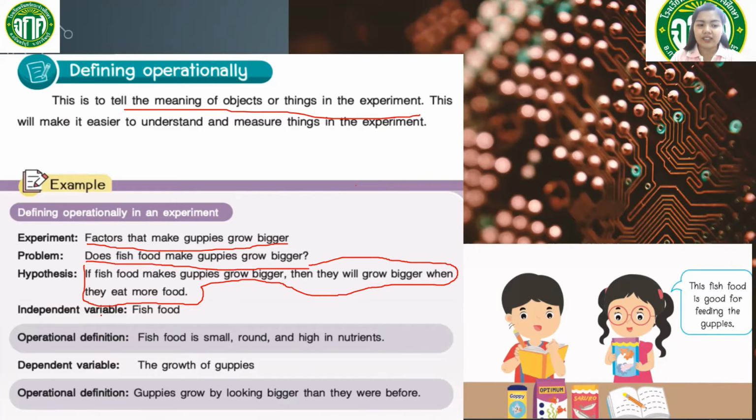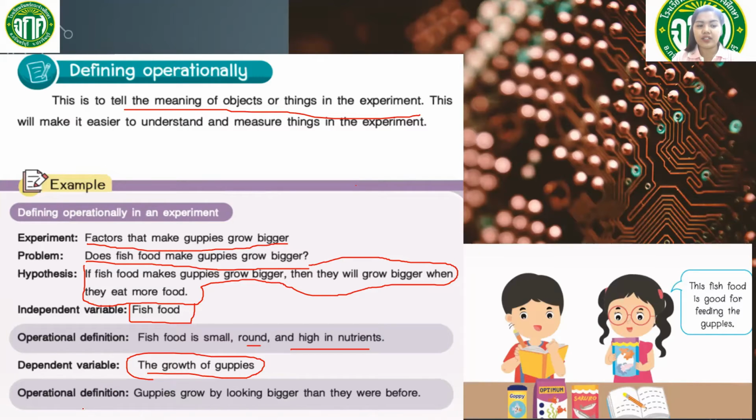Now we have an independent variable. Okay, so we have here fish food. The operational definition is fish food is small, round, and high in nutrients. That is the operational definition. The dependent variable is the growth of guppies. So we are going to measure the growth of the guppies during the experiment.